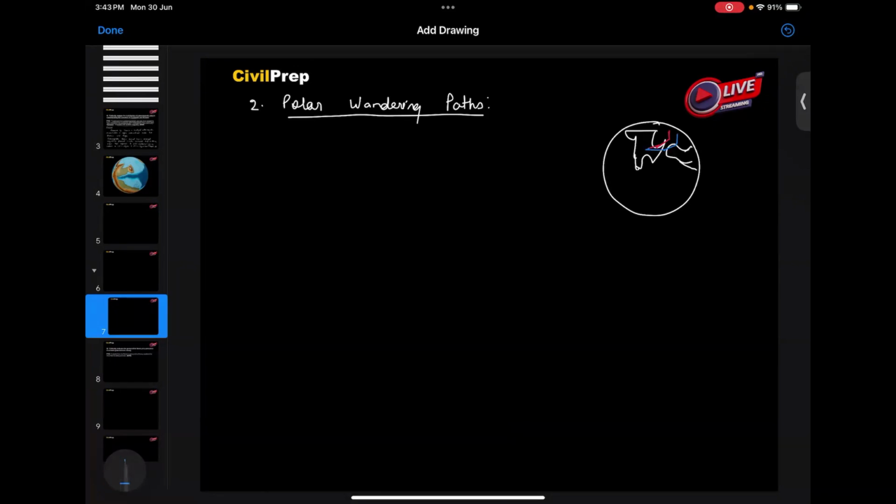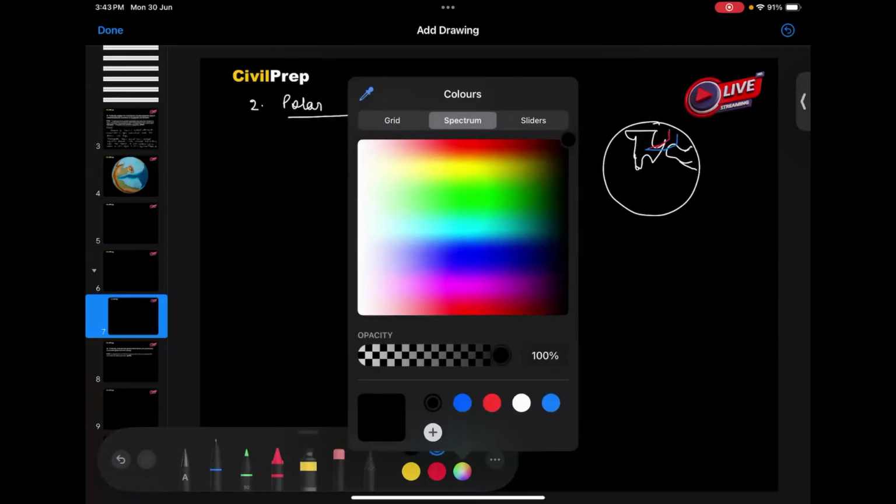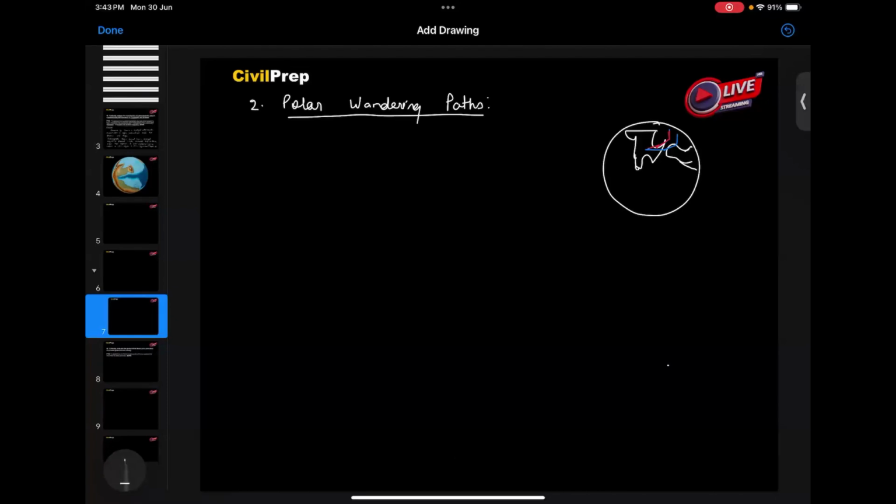Okay, so for example, this is a different path here, and this is another path. So two paths were identified, but when they were matched, it was seen that both the paths were identical.